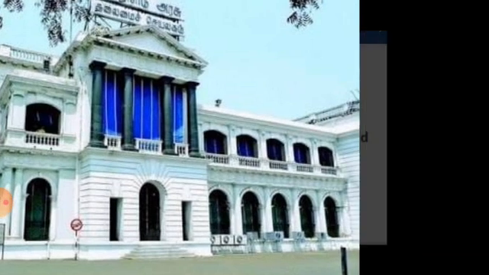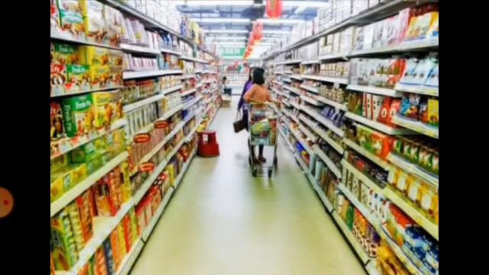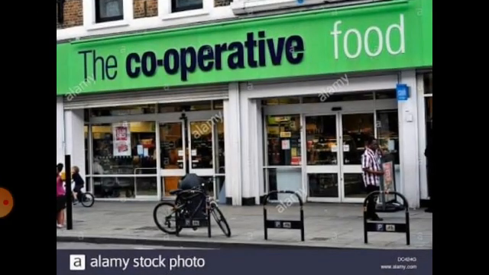Okay, next, role of consumer cooperatives in food security. The consumer cooperatives play an important role in the supply of quality goods at reasonable rates to common people. There is a 3-tier structure of consumer cooperative societies in India. They are primary consumer cooperative societies, central consumer cooperative stores, and the state level consumer federation.